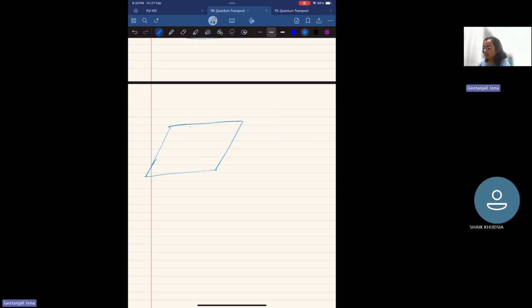So we have a 2D electron semiconductor, then we have made quantum point contacts here. This is the y direction, this is x, and the z direction is where the transport is arrested. There is no transport along the z direction.